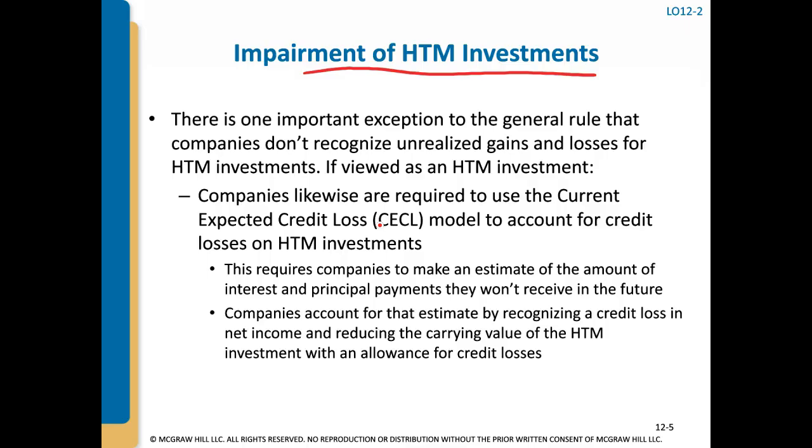If for some reason we think that we won't be able to receive the principal payment or some of the interest payments from, what's it called, Masterware in our example, then we would need to create an allowance for credit losses and net it with our investment account on the balance sheet.